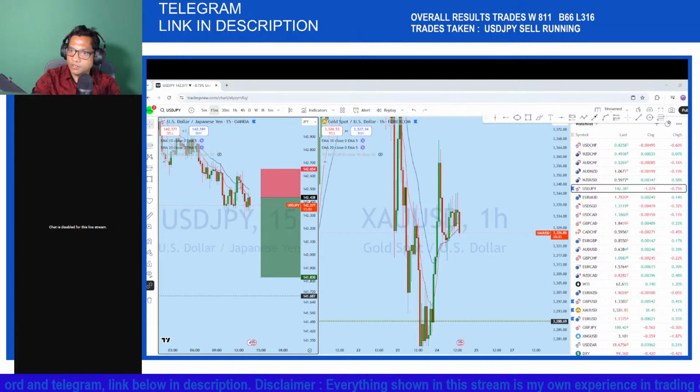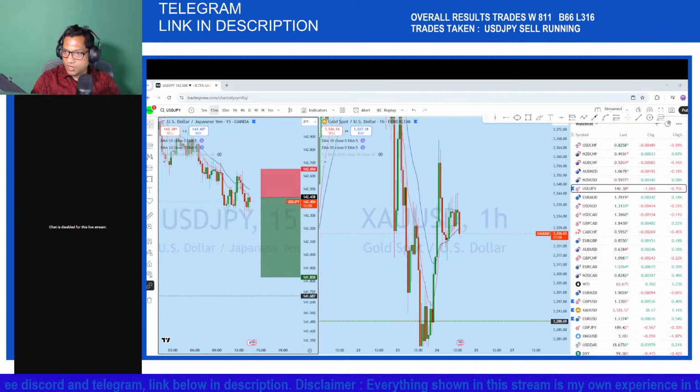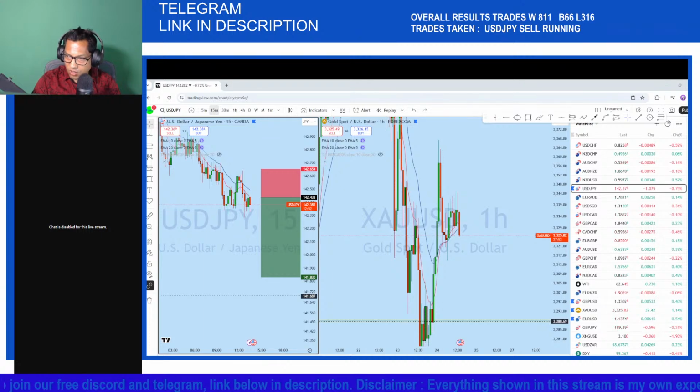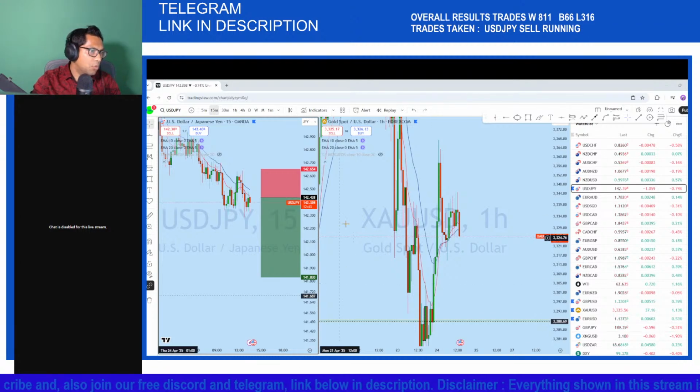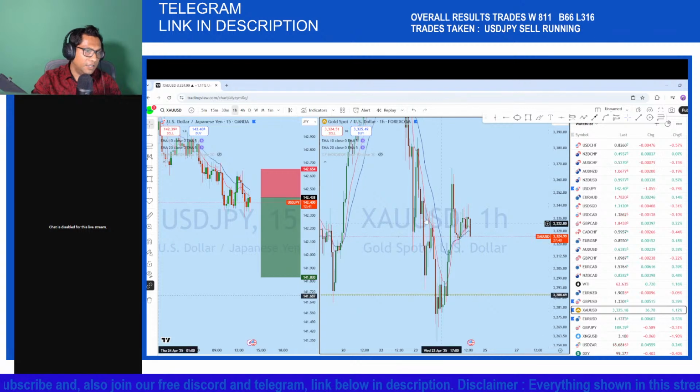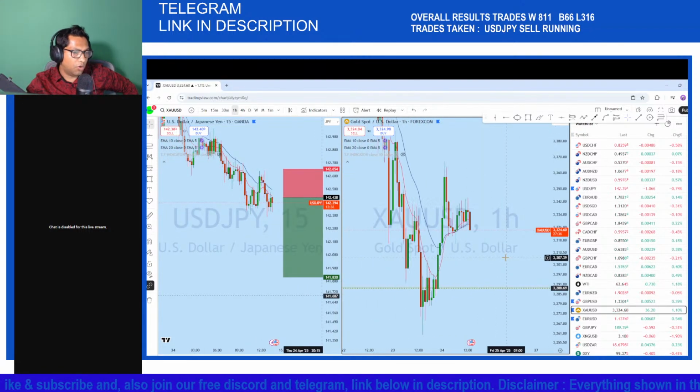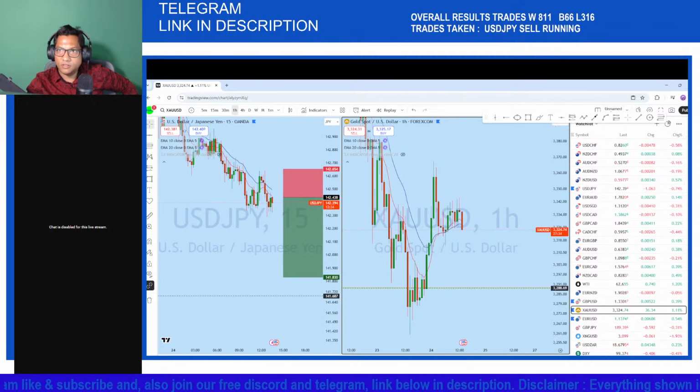Okay, so looking at the calendar here, coming up, we saw that the unemployment claims were flat, so there isn't any significant change in the forecast with the data on unemployment claims on the dollar, and that is why we didn't see a very aggressive move in the market. I think now it's time for the price to drop for a pullback.